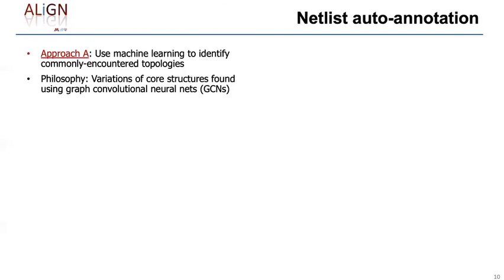OTAs, for example, are very widely used. There are a few hundred topologies that are available out there, and designers have their own variants. This is what makes analog design hard, but the core idea is that a human can look at it and recognize an OTA, and so a machine learning algorithm could do the same using approximate subgraph isomorphism.